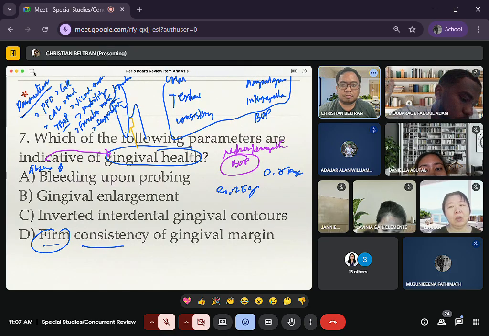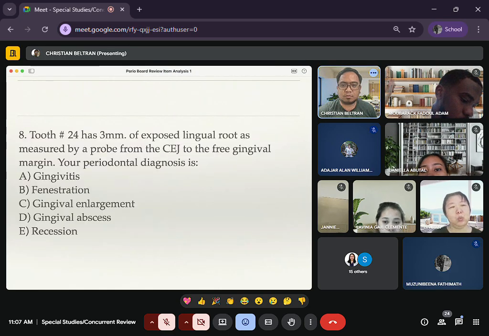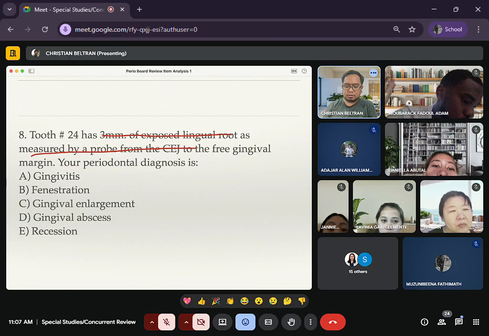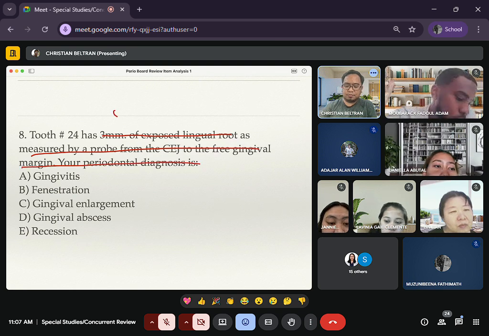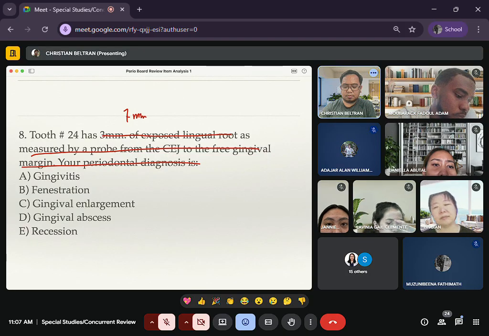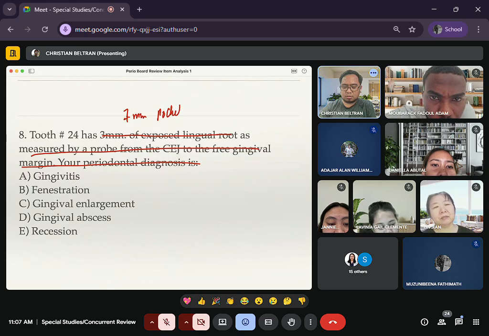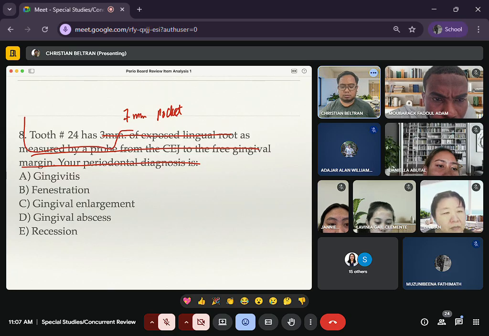So anyway, what if the question says tooth number 24 has a 5 millimeter or 7 millimeter pocket? What would it mean?